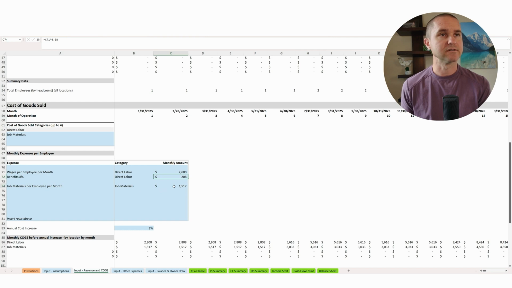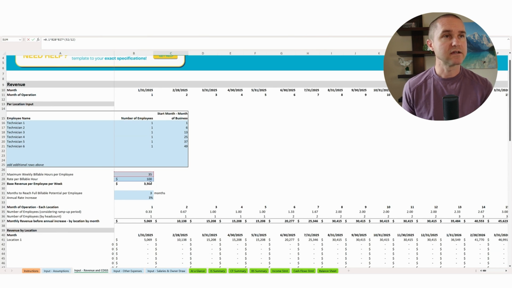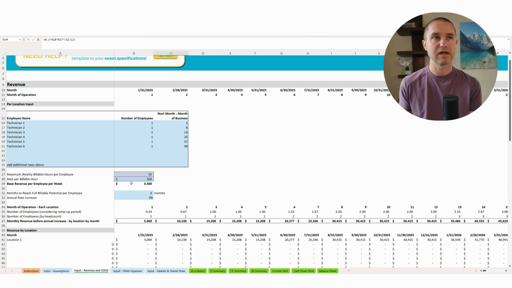And then what I did with the job materials is a little bit more complex, but essentially I'm trying to take the billable rate of $100 an hour and assume that 10% of that is going to be a material cost. So it's for the chemicals maybe that we're spraying, or the supplies that we're utilizing in providing our service.